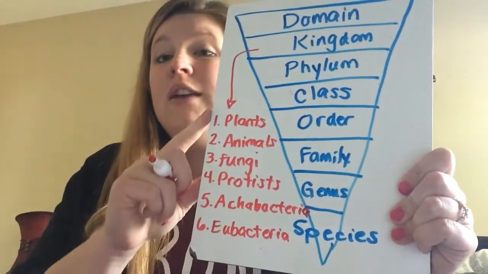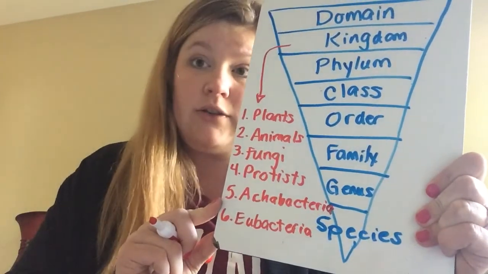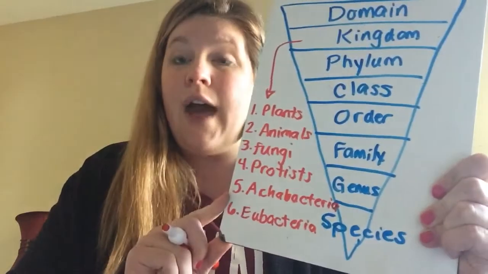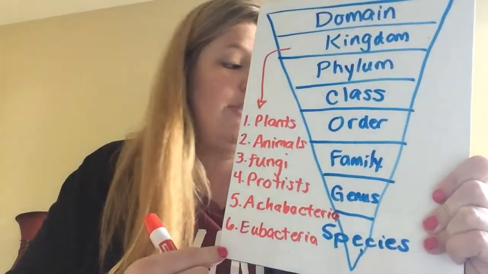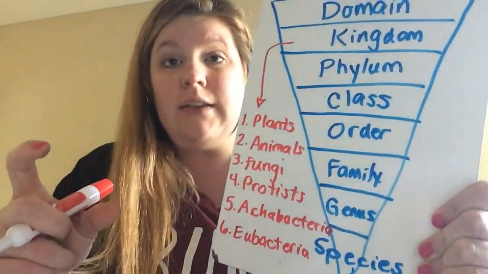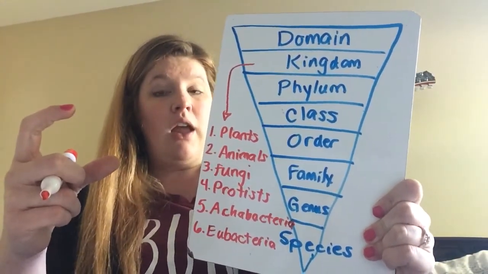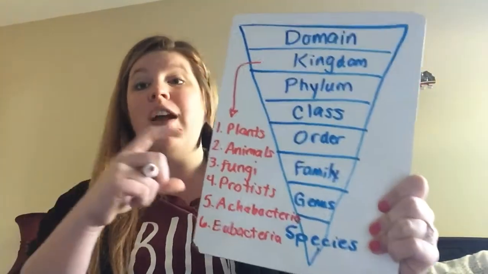All right, this is just to make you aware, so I would like you to write down your notes, so if you need to reference it during the enrichment activities or anything, then you have it. It's not going to be required too much for the homework this week, but my goal is for you to walk away knowing, okay, how do I classify a living thing, and what category do I put it in? How do I find the name?